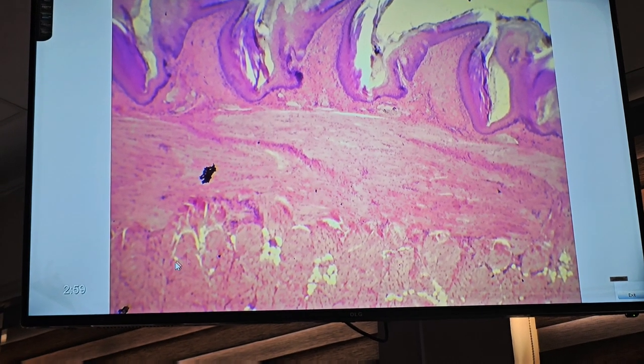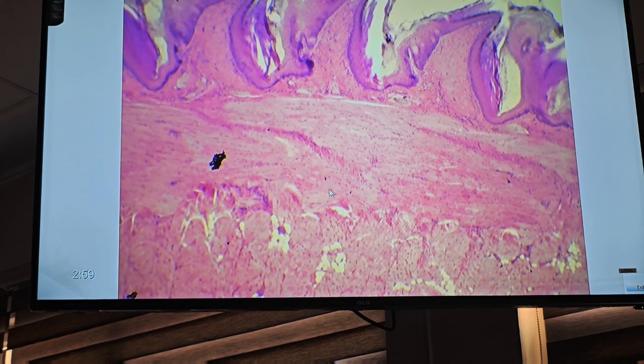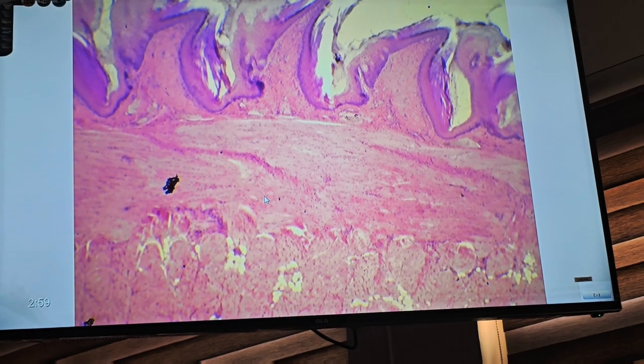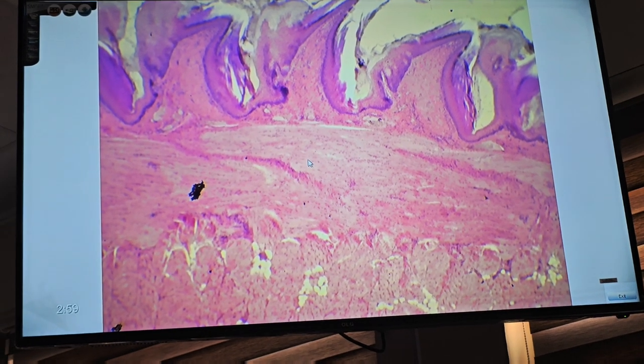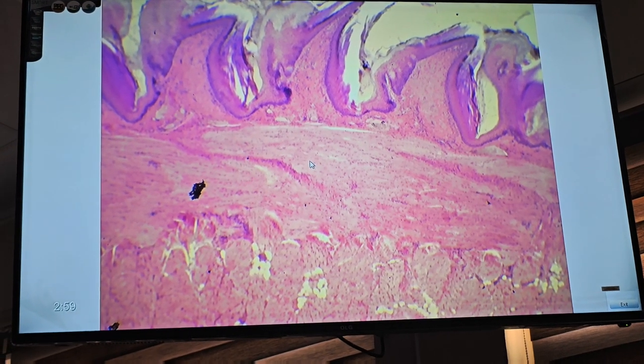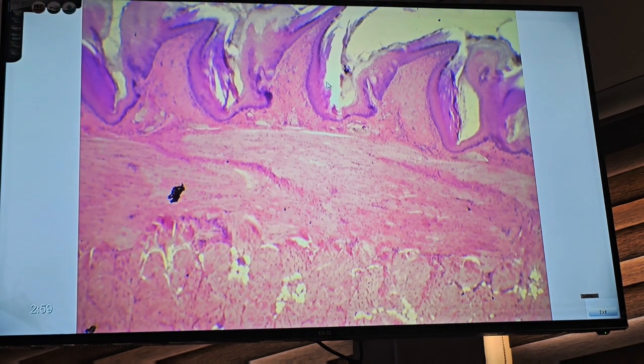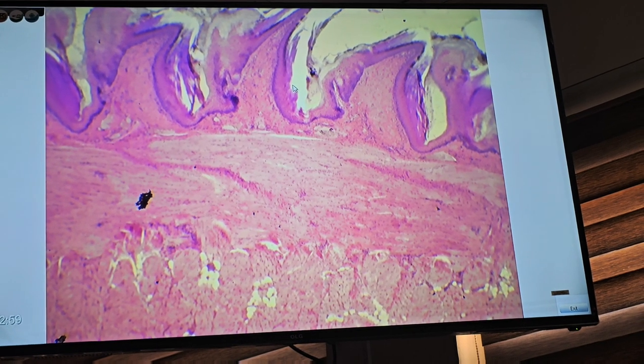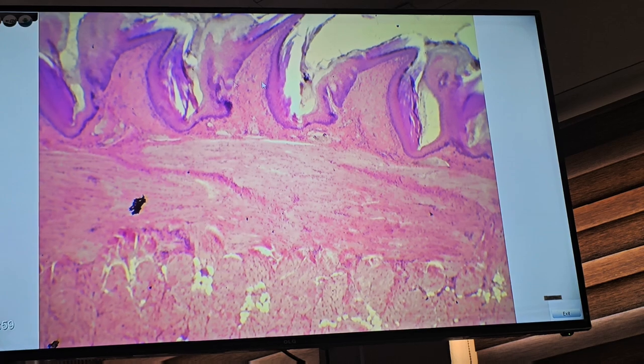Muscle fibers or fascicles of muscle fibers are oriented in all directions. The tongue is covered by mucosa. The inner or ventral surface is smooth, while the dorsal surface is irregular.